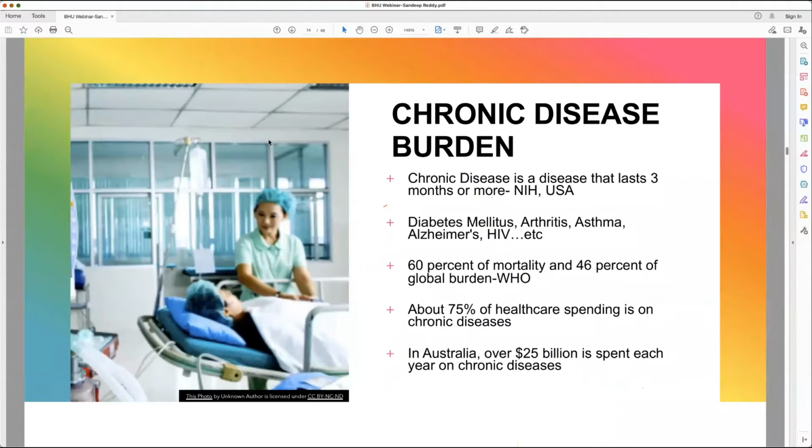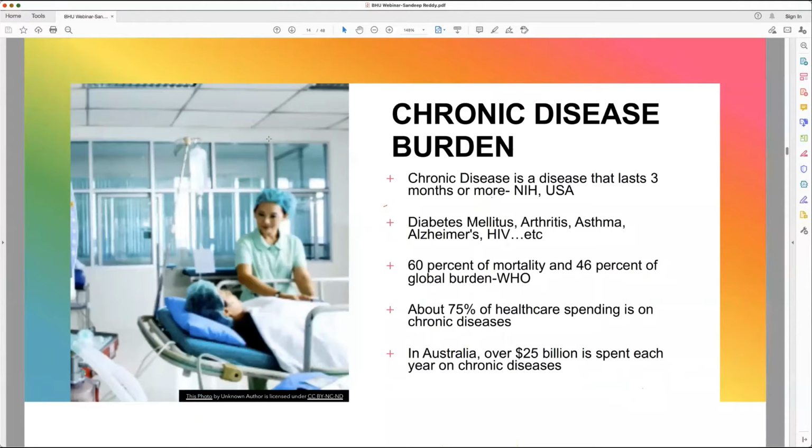The next issue, if you thought those issues weren't enough, this one will really nail the coffin. Because chronic disease is now increasing exponentially. In fact, the World Health Organization has stated chronic disease burden is the biggest challenge health services face. When you look at the statistics, 60% of mortality and 46% of global burden is because of chronic disease.